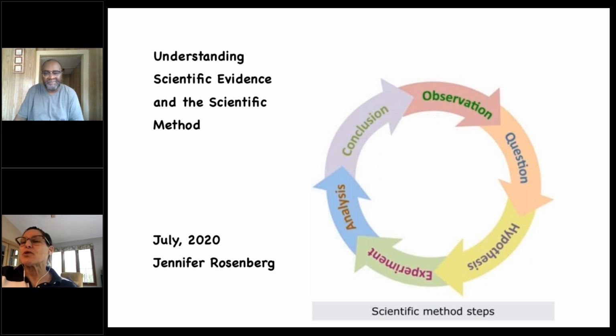You form a question, then a hypothesis, then you experiment, analyze your experiment, and make a conclusion. And that's what we'll be talking about. And if your conclusion is not what you hoped, or it wasn't specific enough, you might start the whole process again, make a new observation. All right, let's get into more detail.